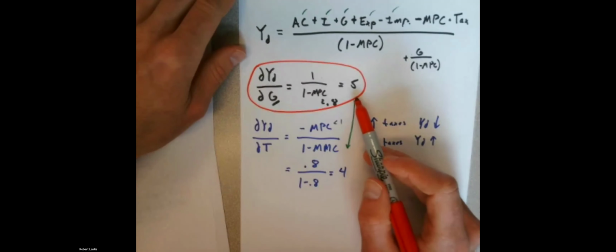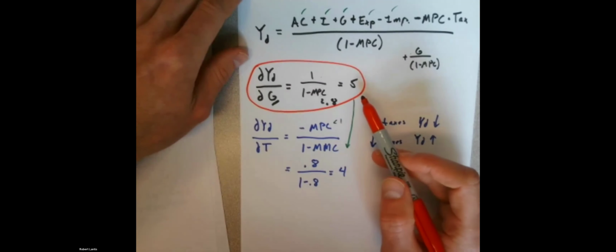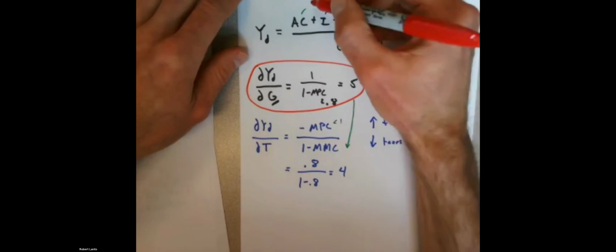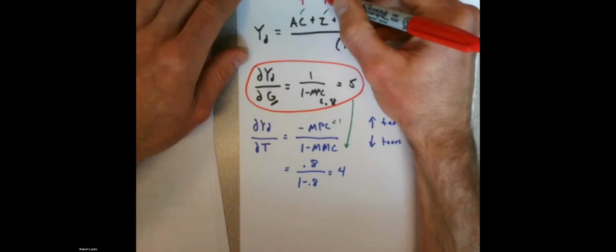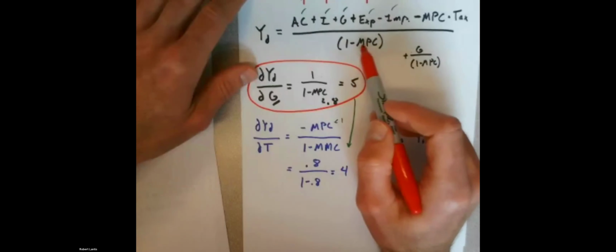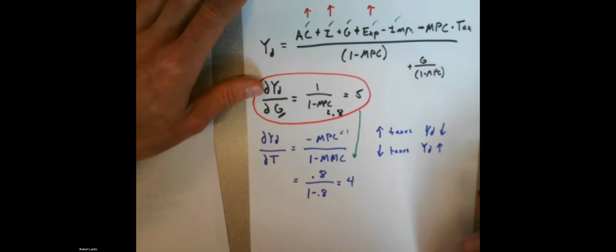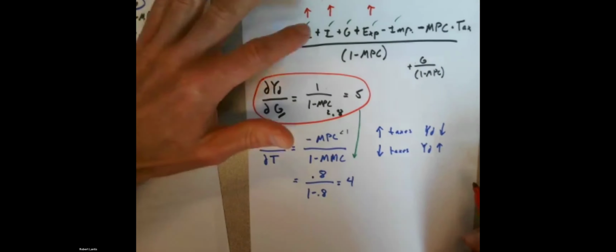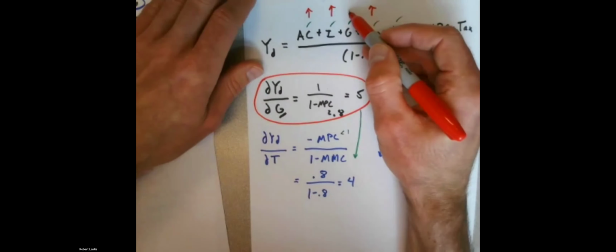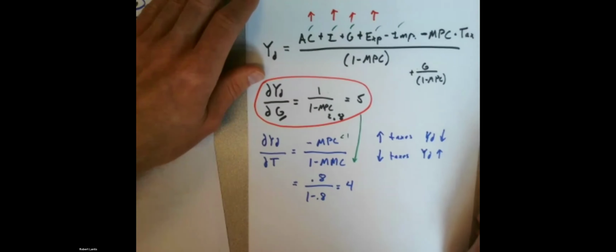So what would produce the same change there? Well, if we had an increase in autonomous consumption, because if we take a derivative with respect to them, we're going to be left with 1 over 1 minus the marginal propensity to consume for each one. So all of those would have the same effect as a $1 increase in government spending.